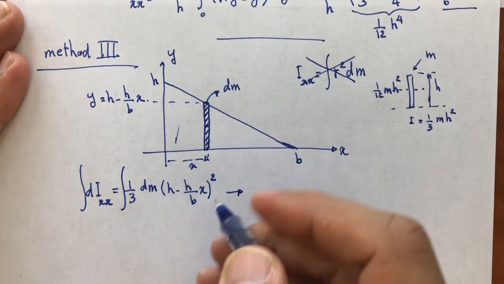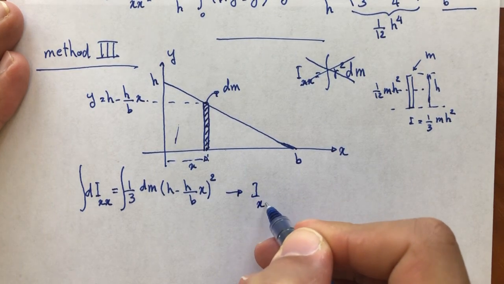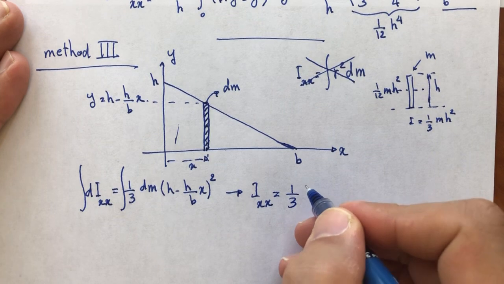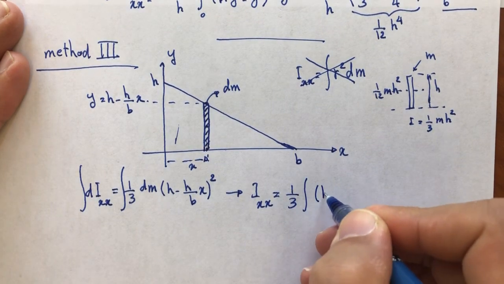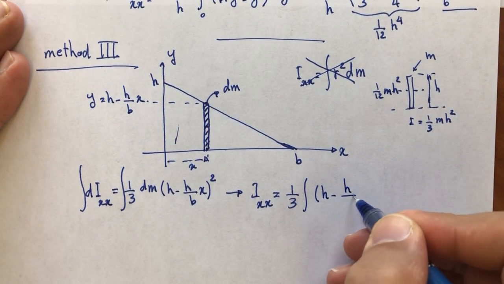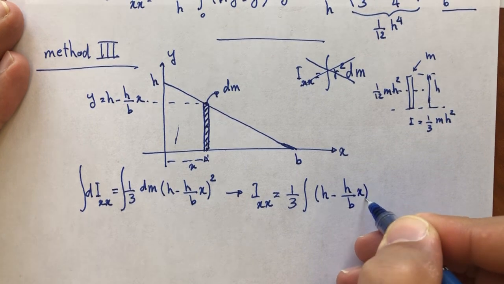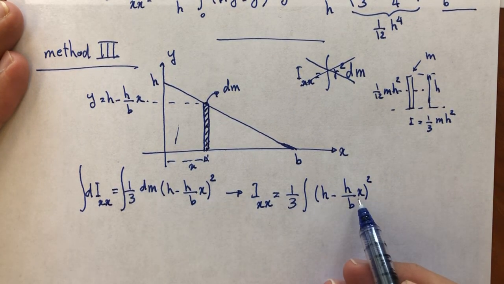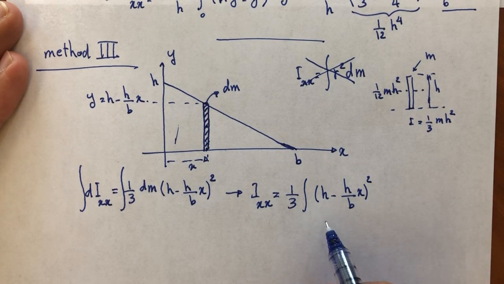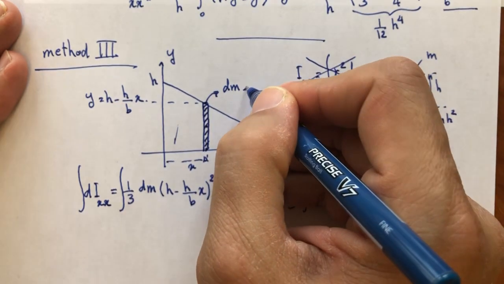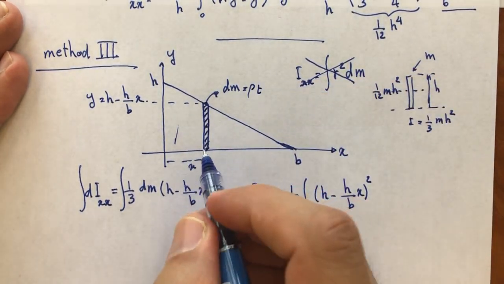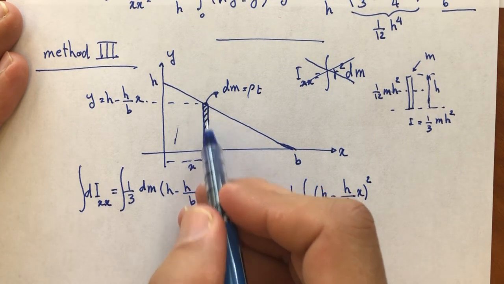Integral of dI is I, which is equal to the integral of 1/3 of (h minus h over b times x) squared times dm. But what is dm? Can I write it in terms of x so I have everything in terms of x? Of course I can. dm is equal to rho times the thickness of this plate times this area.